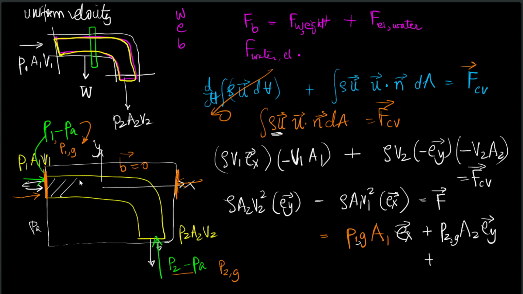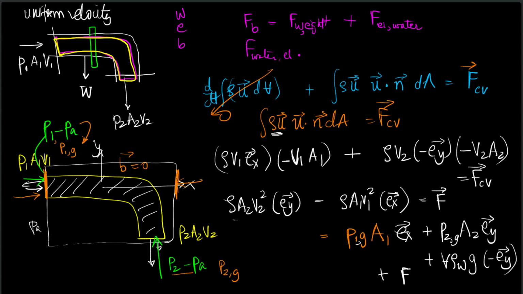The control volume will also have some mass of fluid residing in it, so the volume of this bend times density of water times g, and this is acting in the minus ey direction. So these are plus the force.